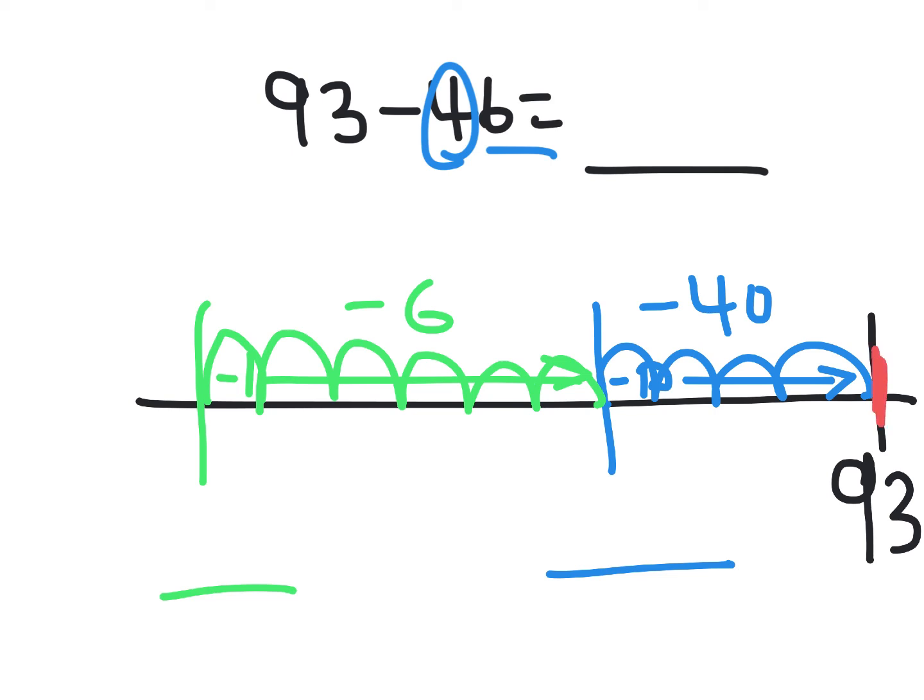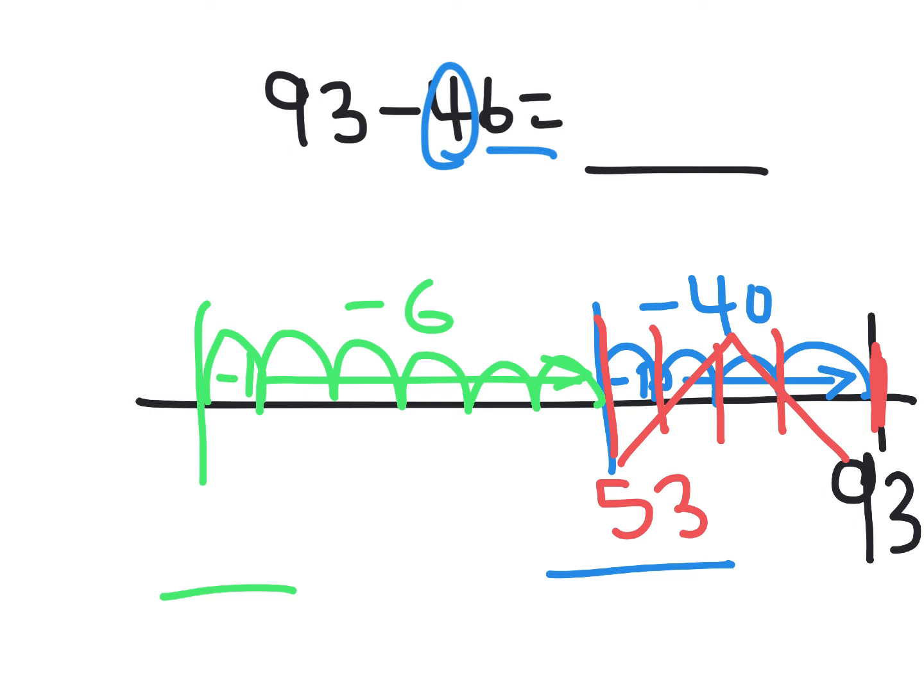93, counting backwards by 10. 93, 83, 73, 63, 53. Okay, and that makes sense because 9 minus 4 is 5. That can kind of help you double check your work.